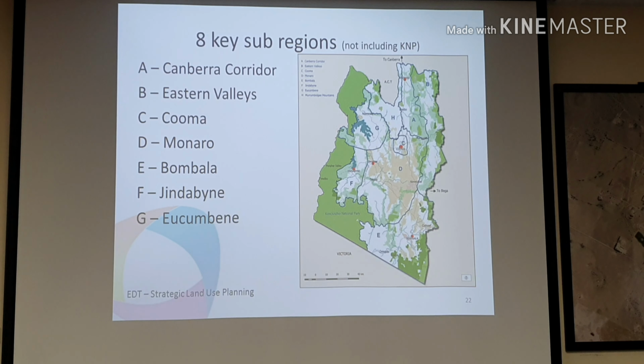Then Eucumbene, that's just up there, wrapping around Eucumbene there, with different soils from the Monaro and slightly higher elevation through that region. And the Murrumbidgee Mountains area, which is this area north of the Murrumbidgee River, just hugging the ACT.